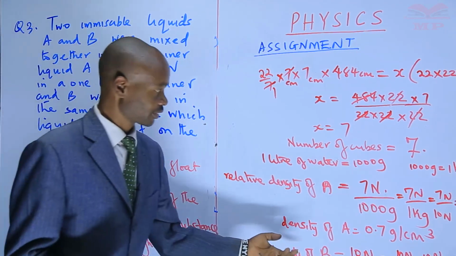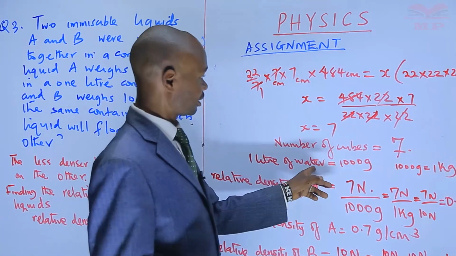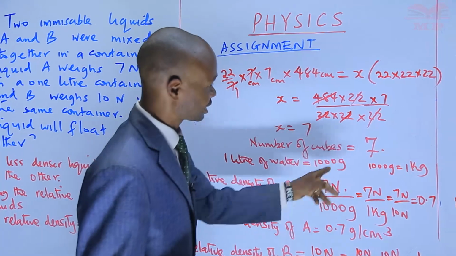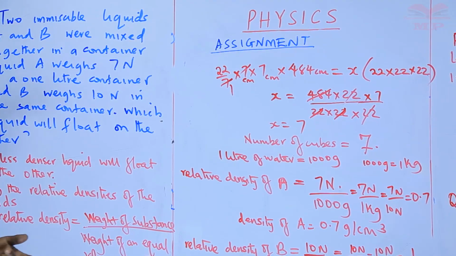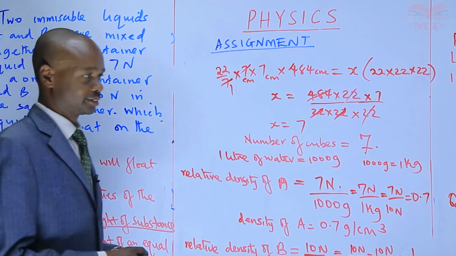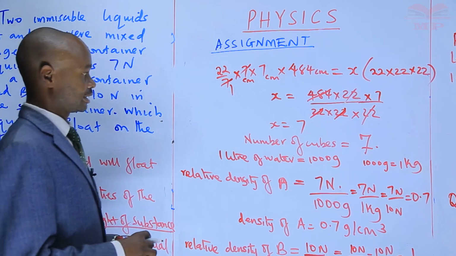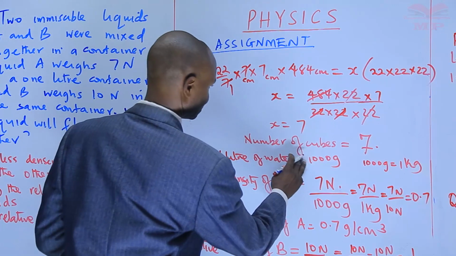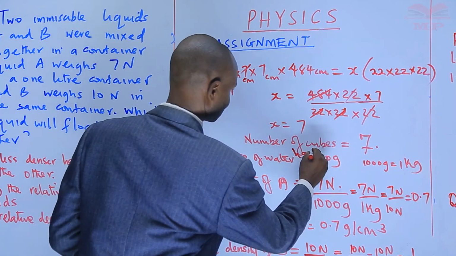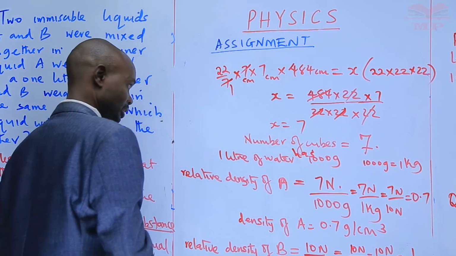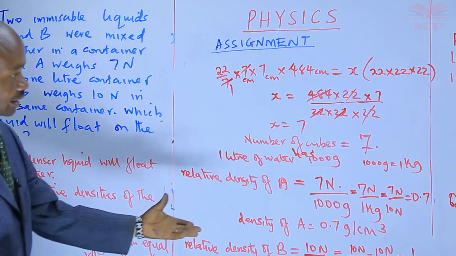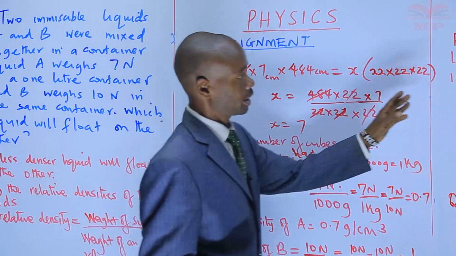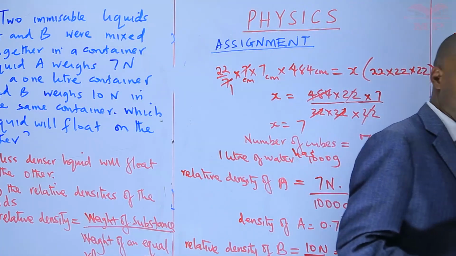That's why when I come here, 1 liter of water has a mass of 1,000 grams. So it's better to write 1,000 grams. That's why it was easy for us to calculate the relative densities. So A floats on B.